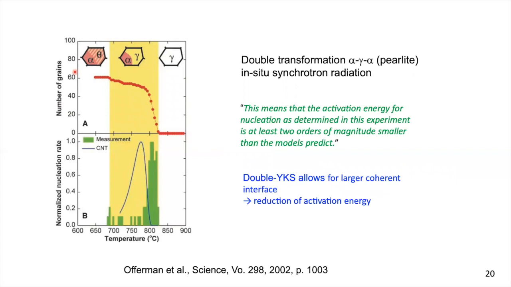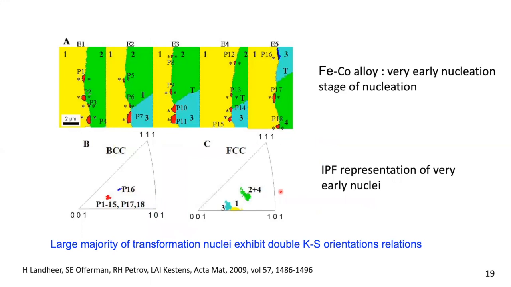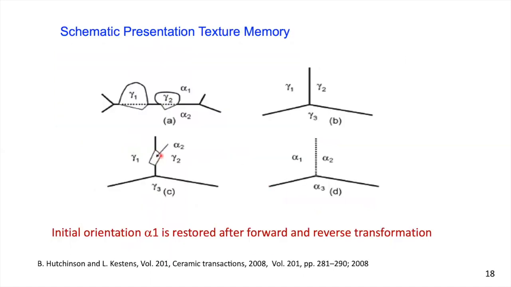And this assumption was also corroborated in another way by a paper by Erik Offerman 20 years ago, where it was observed that the actual activation energy was one to two orders of magnitude smaller than predicted by conventional nucleation theory. And we believe that this has to do with the double KS orientation relationship, because if you have a specific orientation relationship, you will have a coherent boundary.